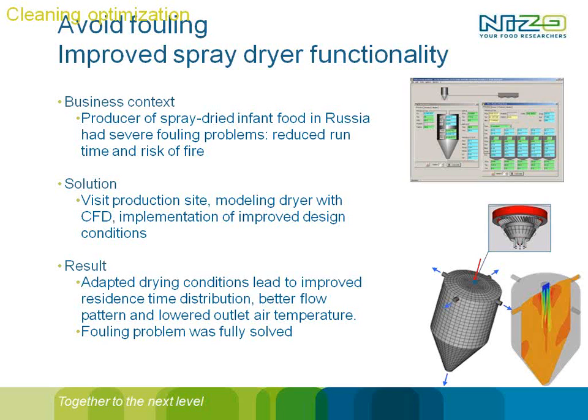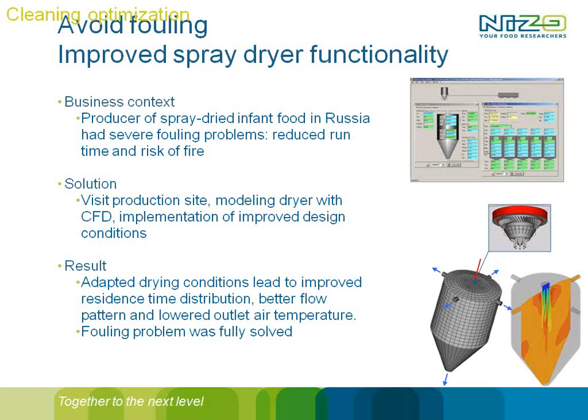And actually, what you see is that by adapting the airflow, it led to, first of all, less fouling, no fouling anymore, but the whole airflow pattern inside the spray dryer was improved as well. It sounds like a huge investment to adapt the inlet airflow, but actually in this case it was a minor adjustment.